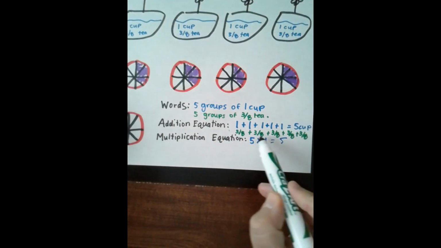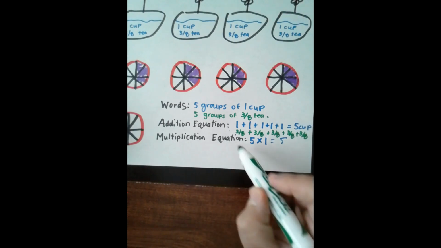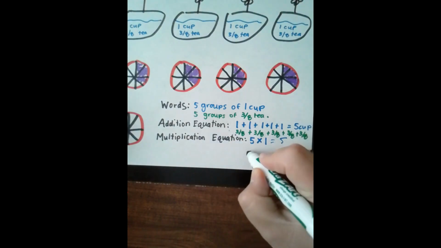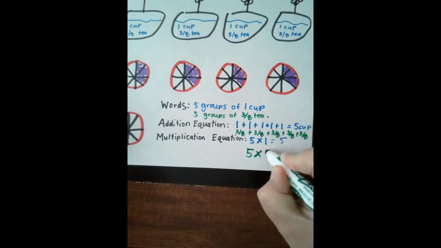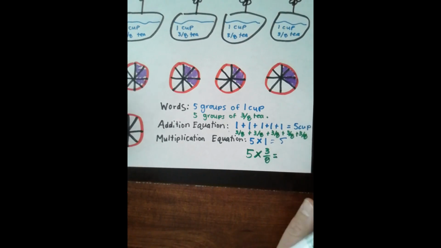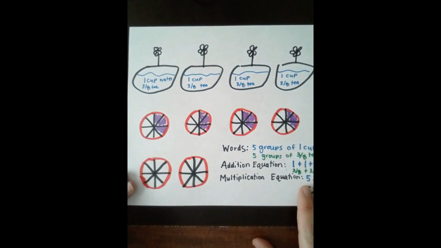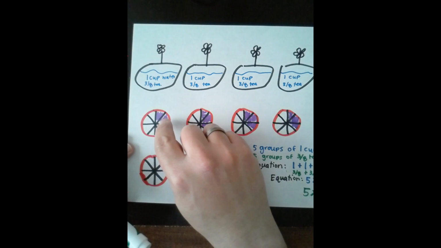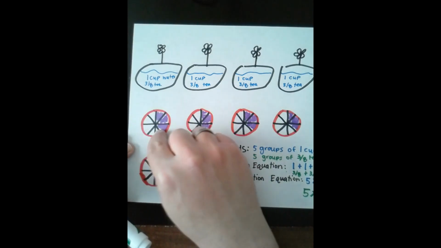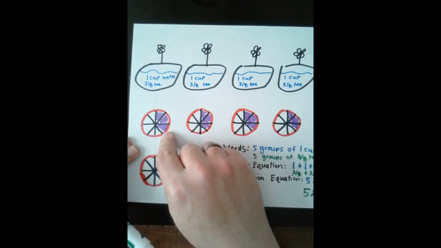So again, 3/8 5 times. So what is our multiplication equation? Well, that would be, again, 5 times 3/8, equals. And we don't know the answer to that yet because we haven't worked that out, but let's work it out together. So I drew circles that are broken apart into eighths, and I've colored in 3/8.